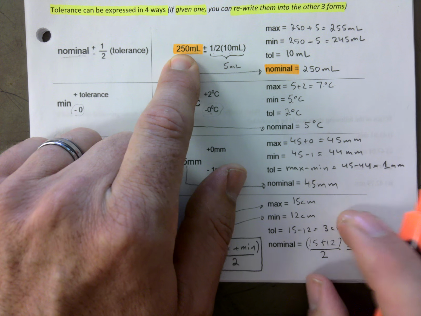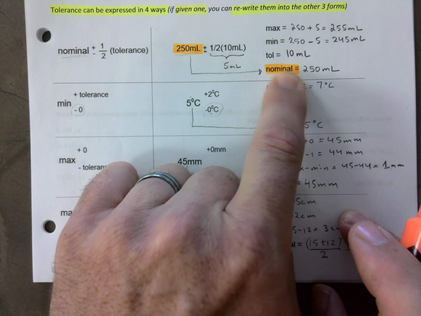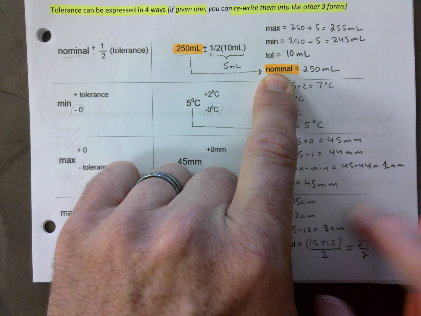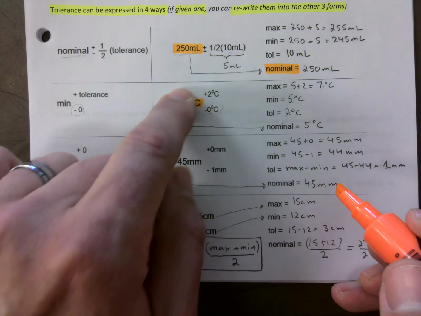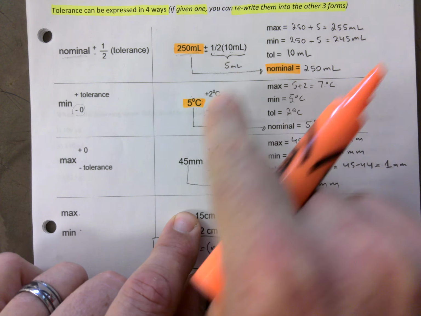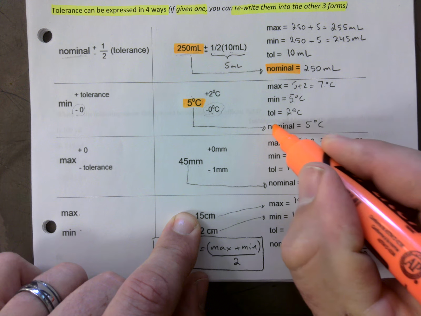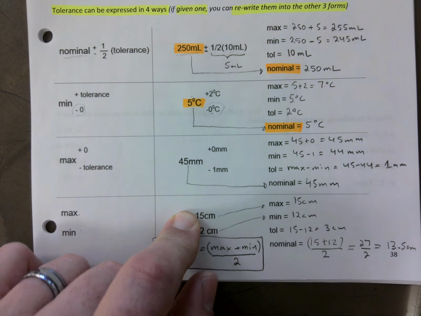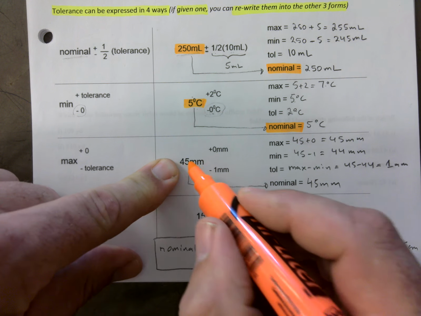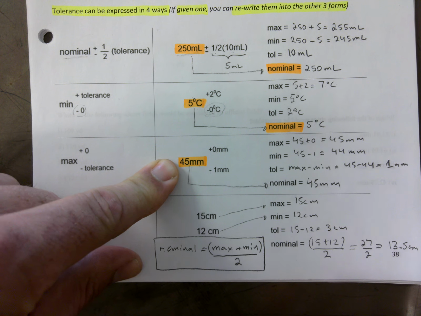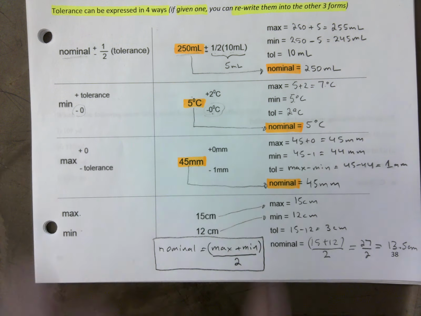The number at the front is automatically our nominal. Automatically. That's like our target. So I always tell my students, if you see a big number and then you've got stuff behind it, don't worry about it. You know that that big number is your nominal. So this third format here, that big number is automatically our nominal.